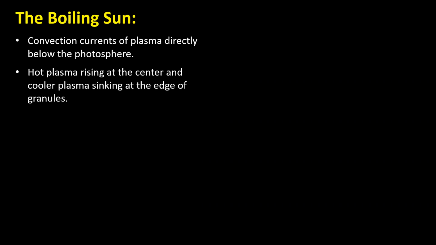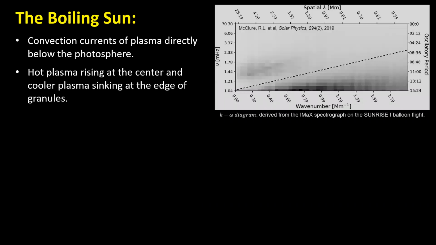So if you observe a relatively long time series of the solar surface, and then take a Fourier transformation, you will find that there are actually two principal components where all the power is concentrated.